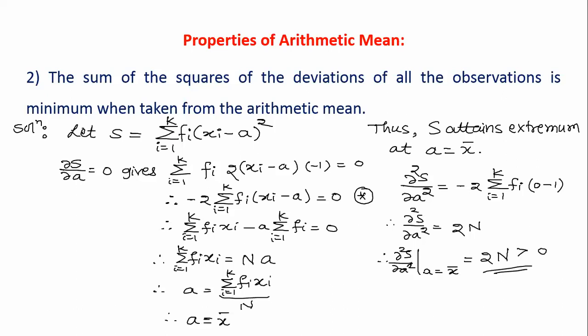The second derivative is positive, and thus we can say that S attains... Actually, we have seen in the previous step it attains either a maximum or minimum at x bar, and here as the second derivative is positive, this attains a minimum at a equal to x bar.